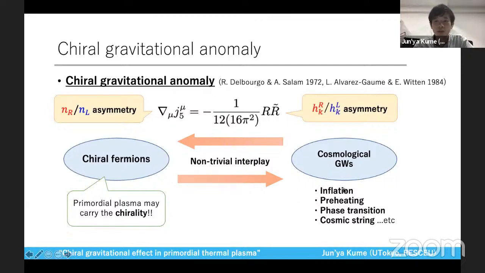As you know, there are various sources of cosmological gravitational waves, and if you consider, for example, baryogenesis, the primordial plasma should carry chirality. So we can expect some non-trivial interplay between these two in cosmology due to this gravitational anomaly.